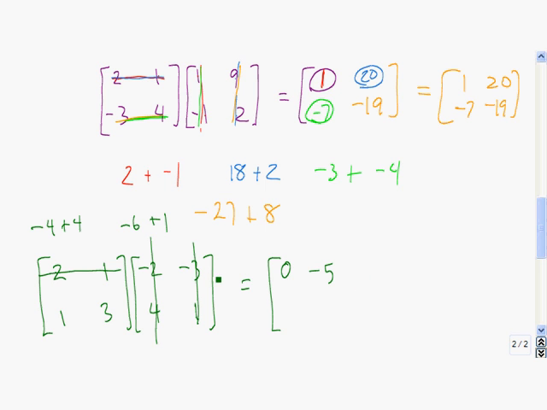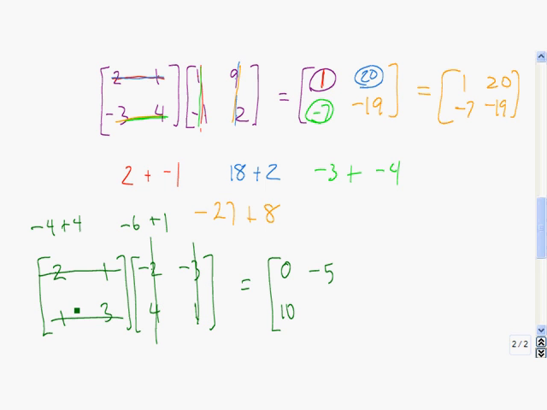We have no more columns, so now we move on to the second row. We have 1 times negative 2, which is negative 2, plus 3 times 4, which is 12. Negative 2 plus 12 is 10. Finally, for the second column in the second row, I use the second row and the second column.